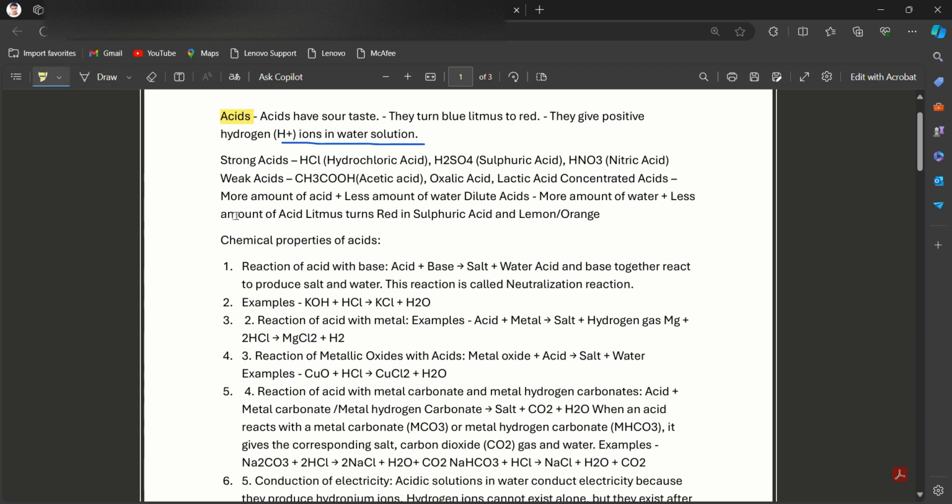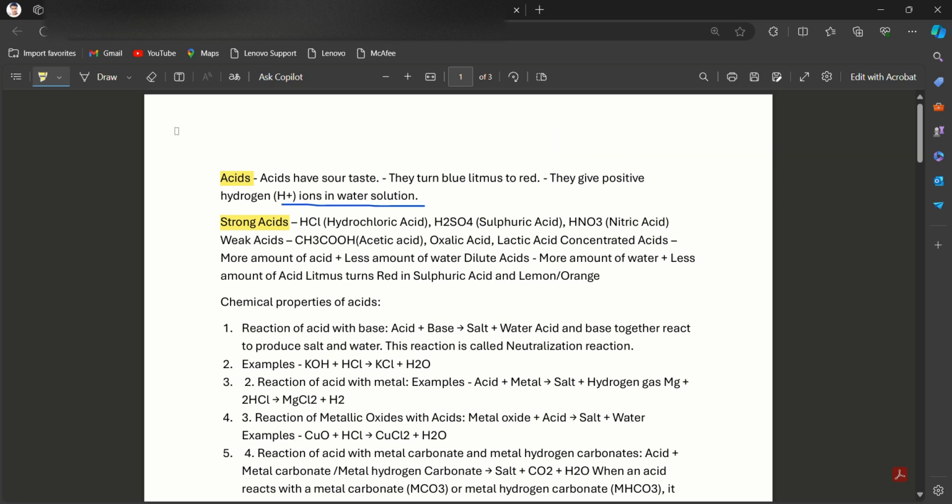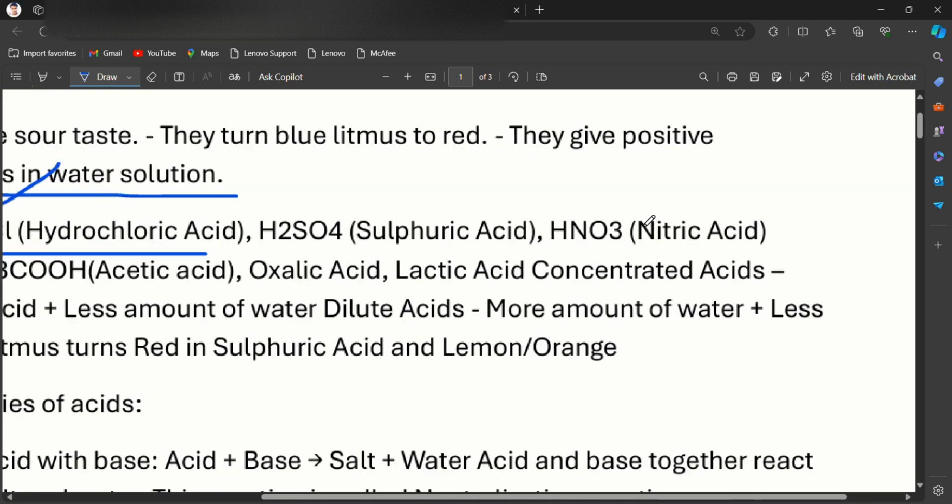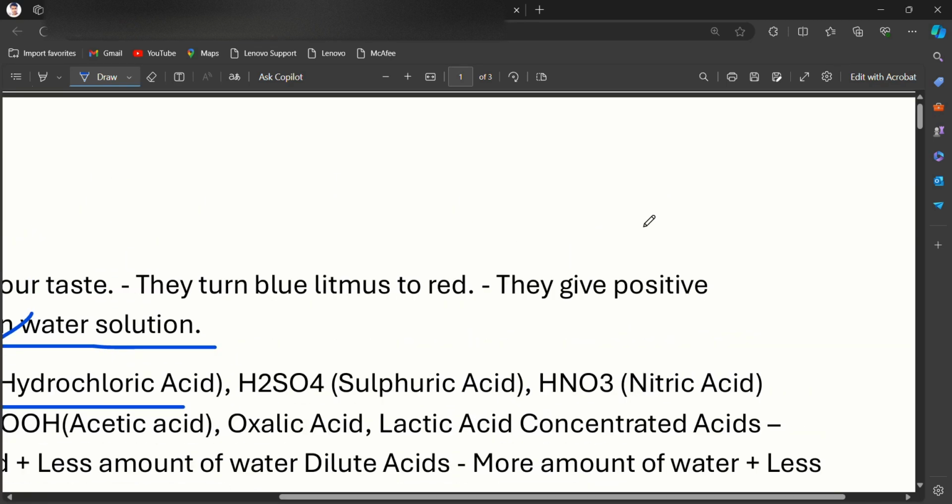So acids are categorized in two parts: strong acids and weak acids. So strong acids: hydrochloric acid, H2SO4 and HNO3, sulfuric acid and nitric acid. So let's go into detail about this one. Let's take example HCl. Okay, so let me zoom this one.